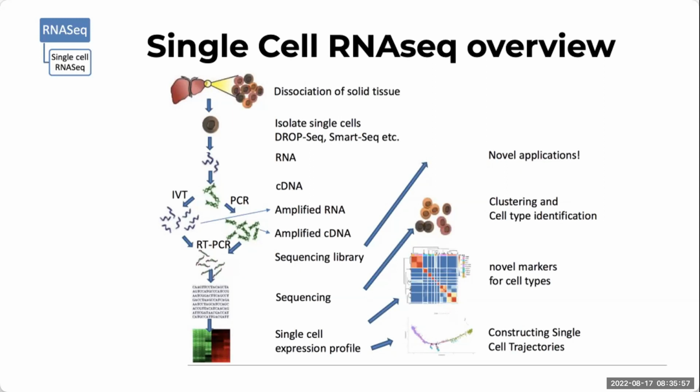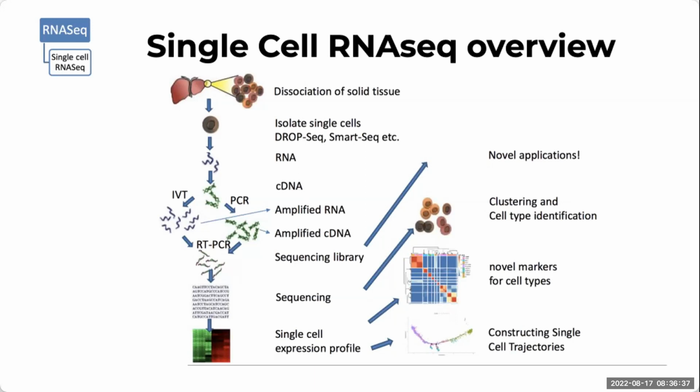Some steps follow a typical RNA-seq pipeline that shares its analysis sequences with bulk RNA-seq analysis, like library preparation, amplification of the mRNAs or cDNAs, then sequencing in general, then generation of count matrices, followed by downstream analysis. Depending upon the complexity of the data that we have, different downstream analyses can be applied to identify different cell types in the sample.